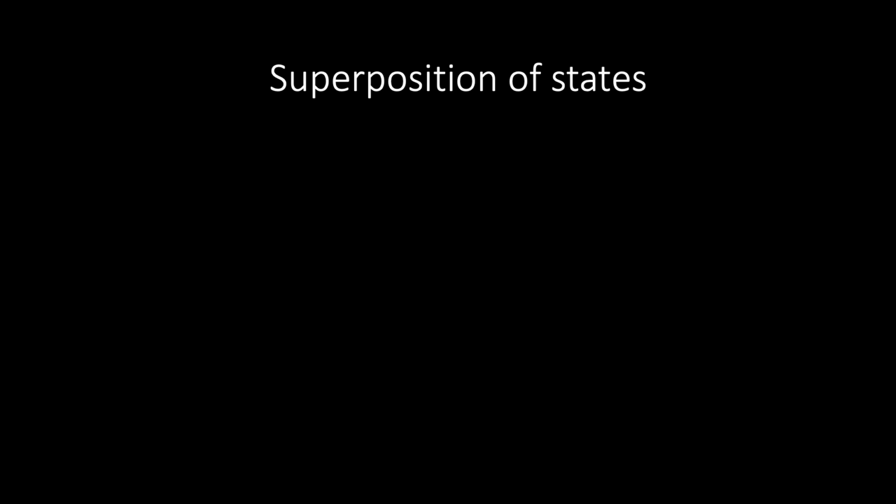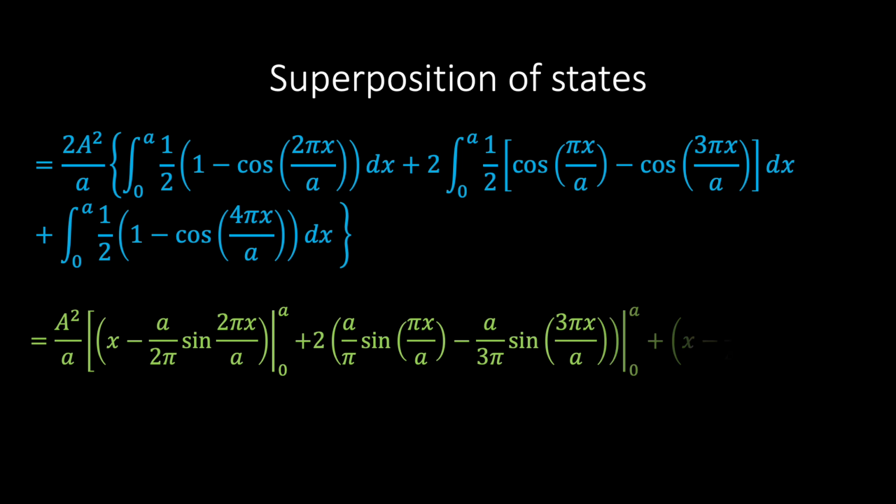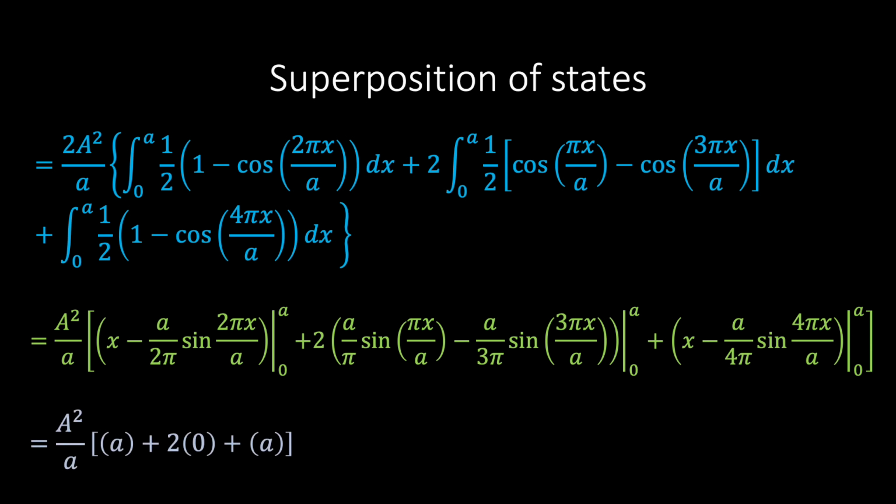Next, if we rewrite the sine squared terms in terms of cosines, we find the following rather overwhelming blue expression. Performing each of these integrals is straightforward and follows the same logic as previous examples we've looked at. When the dust settles, we find the following green expression, and then if we sub in the limits, we finally arrive at the rather simple expression 2a squared, which must be equal to 1, and therefore we see that a is equal to 1 over the square root of 2.